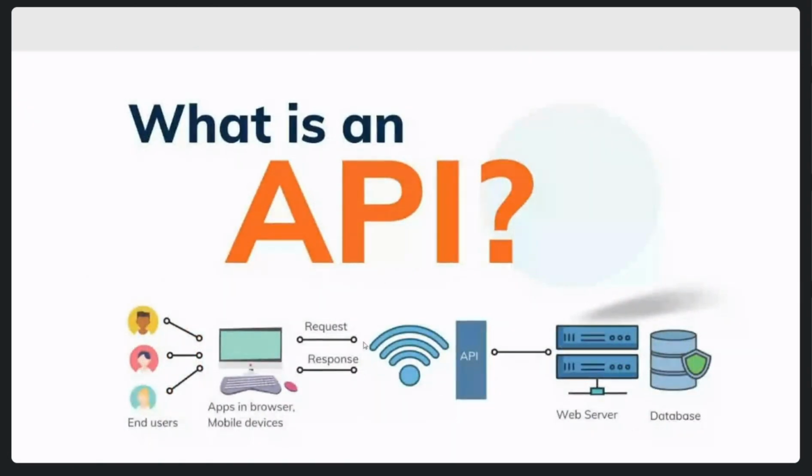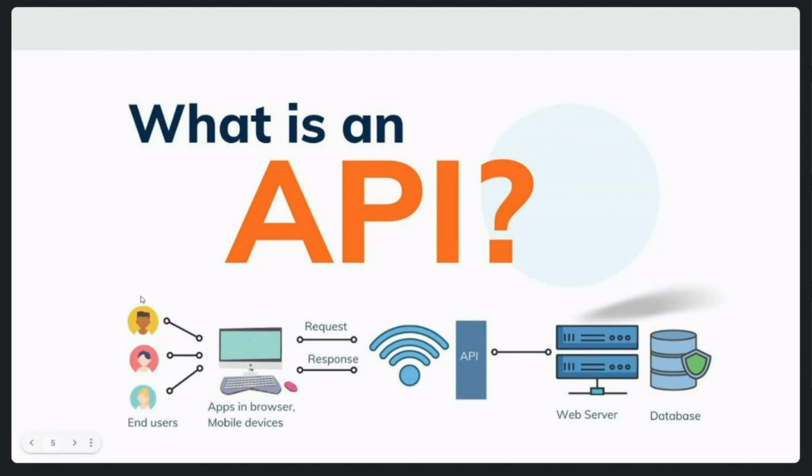Yeah, and this is the real time example here. Here the end user might be the app in browser or in mobile device or an Android application or else anything. Here we will request some data to the API. The API carries that request to the web server and performs some queries in the database and gets those results and gives those results to the API here, and the API responds with some data, and the data is given to the end user, like the website or else mobile application.